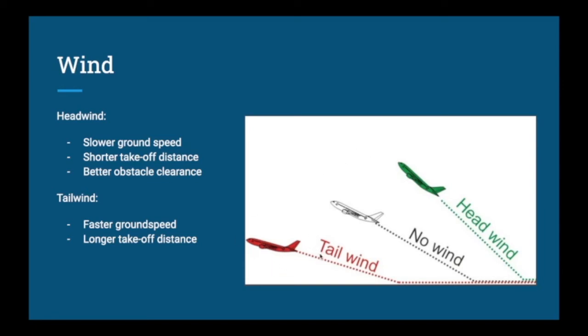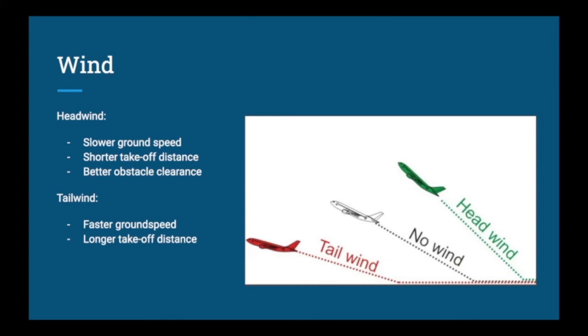All the way to the left here with a tailwind, you're going to have a really fast ground speed. It's going to cause you to take longer on the ground and a less steep climb if we're talking in units of time because our ground speed's much higher. So we're going to cover more horizontal distance quickly while climbing at the same rate.